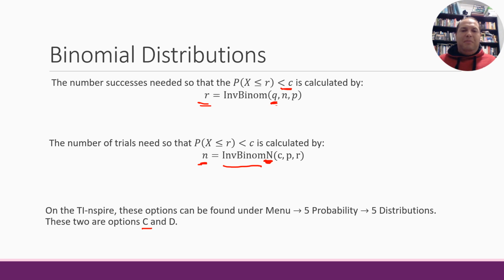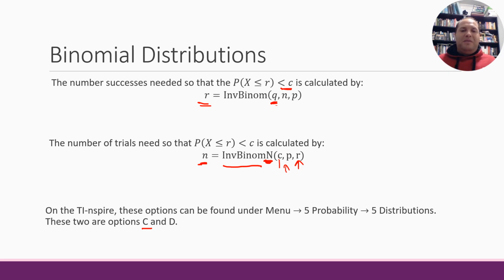And it will again ask for C, the probability that you've been given, P, the probability of success, and R, the number of successes that you want. Now, once again, students, remember this is all written as equal to or less than. So that is, again, really important. It has to be written as equal to or less than, and we've got to write our probability as less than C for it to work in our calculator.